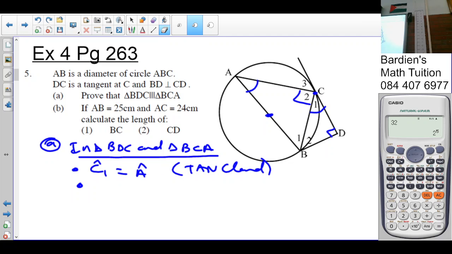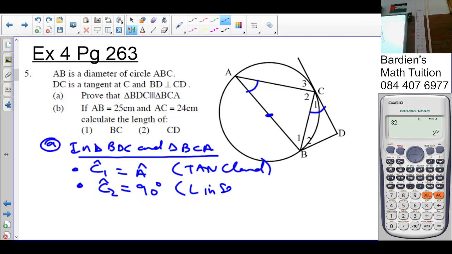Remember at this point, the 90s weren't on the diagram, not so. So whatever is not on the diagram, we must state it. Okay. So firstly, C2 is equal to 90 degrees. Why? Angle in a semicircle. Now I can put the 90.